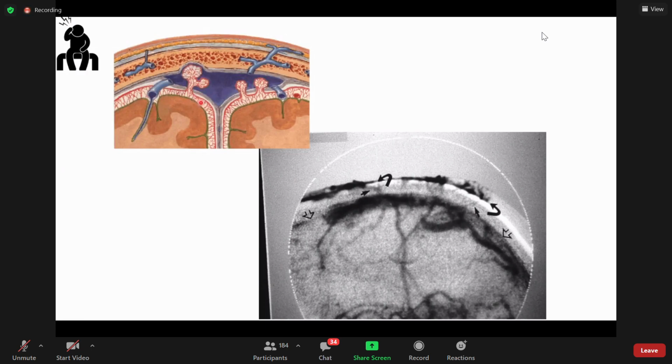In normal situation, if there is low pressure here and there is high pressure inside the subarachnoid space, which contains the CSF, then these arachnoid villi will start leaking the CSF into the circulation, and then that is taken to the kidneys. But if the pressure over here is high, then this will be occluded. These are the arachnoid villi.